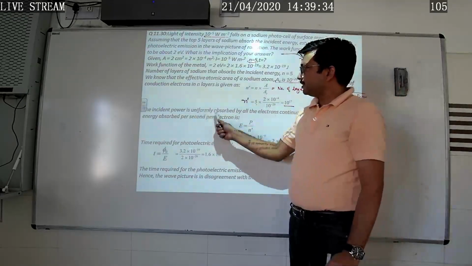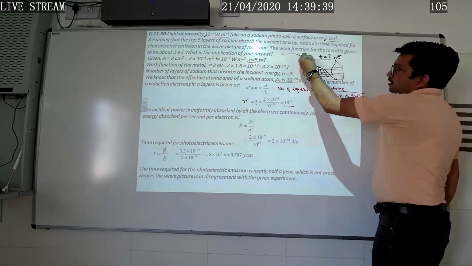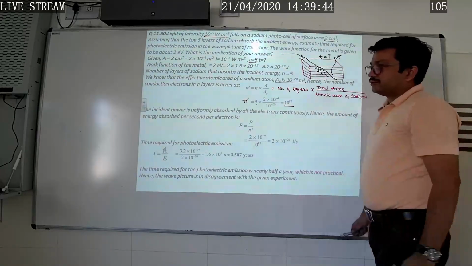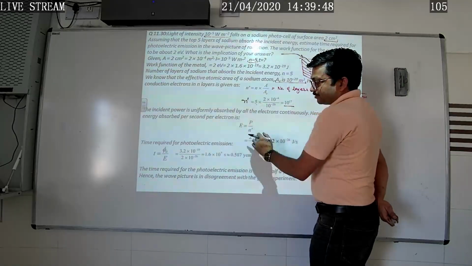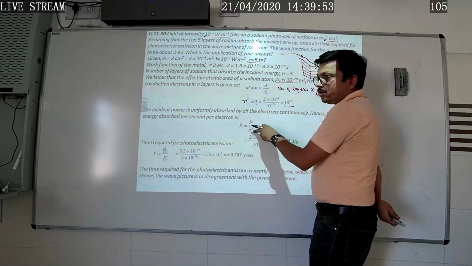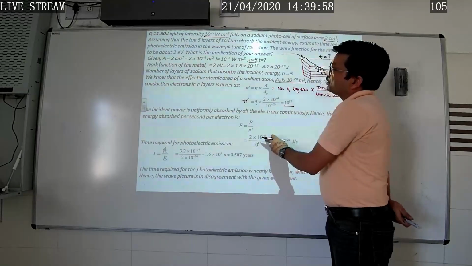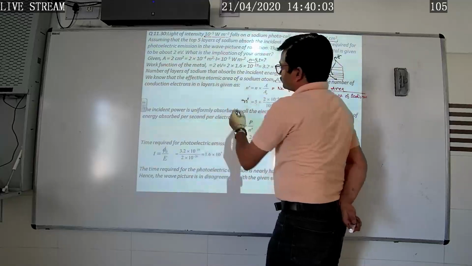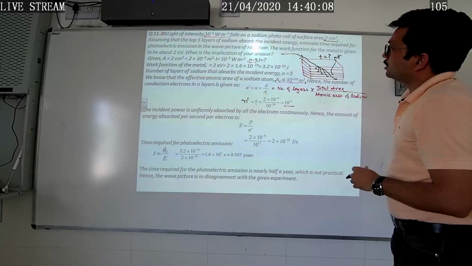Now the incident power is uniformly absorbed by all the electrons. Look here. Incident power is absorbed by all the electrons continuously, hence the amount of energy absorbed per second per electron will be the total power divided by the number of conduction electrons in n layers, that is N dash. Total power: what about the total power here?